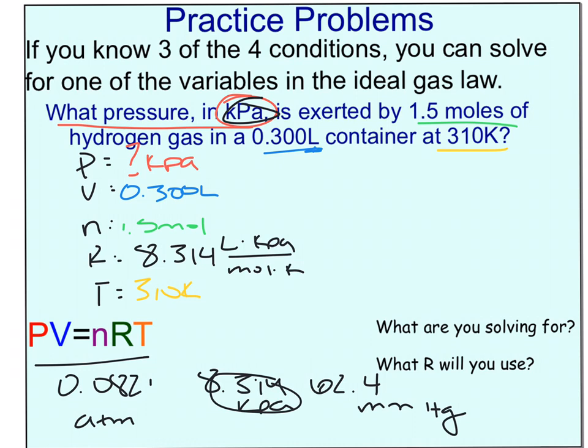So now that I have all of my variables picked out, I can go ahead and plug in. I'm going to put P, that's my question mark, times 0.300 liters equals n, 1.5 moles, times 8.314, running out of room.